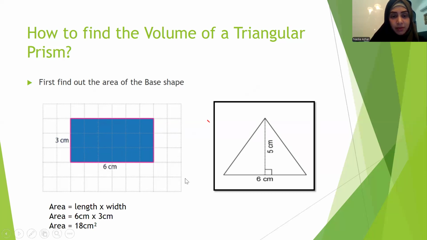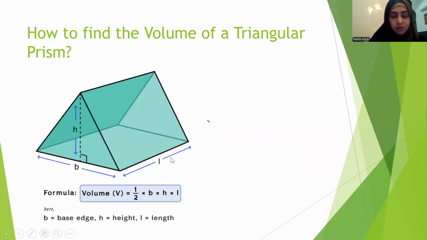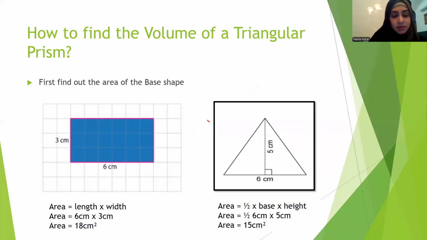Okay, what is the answer? 18 centimeters for the rectangle and 15 centimeters for the triangle. Correct, well done. Because you know the formula, how to find the area of a rectangle and the area of a triangle.